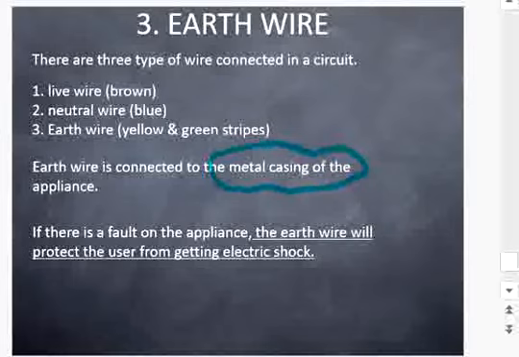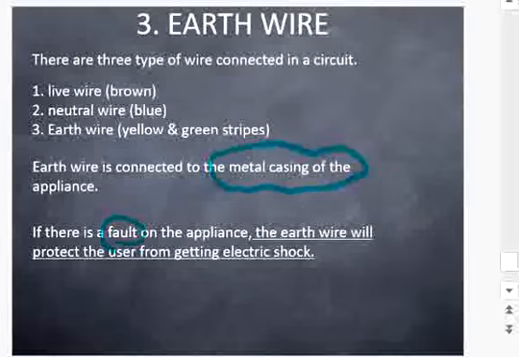Why? The reason the earth wire is used: if there is any fault on the appliance, the earth wire will protect the user from getting an electric shock. That is the purpose. I will explain in detail in your PDF file or your notes paper.